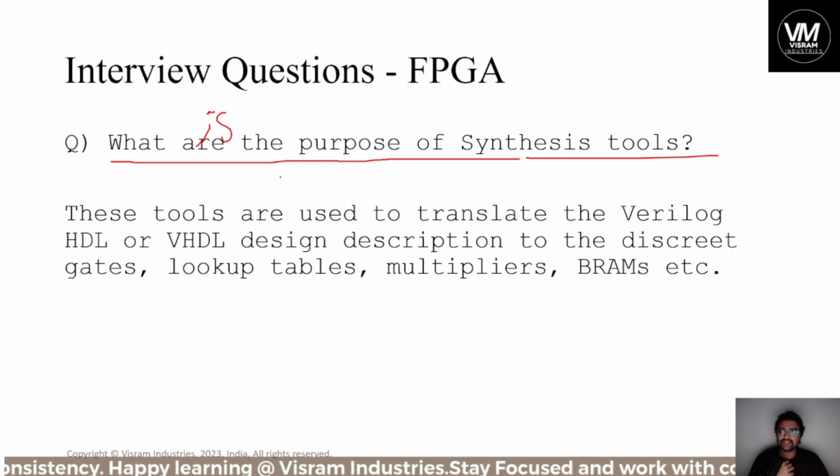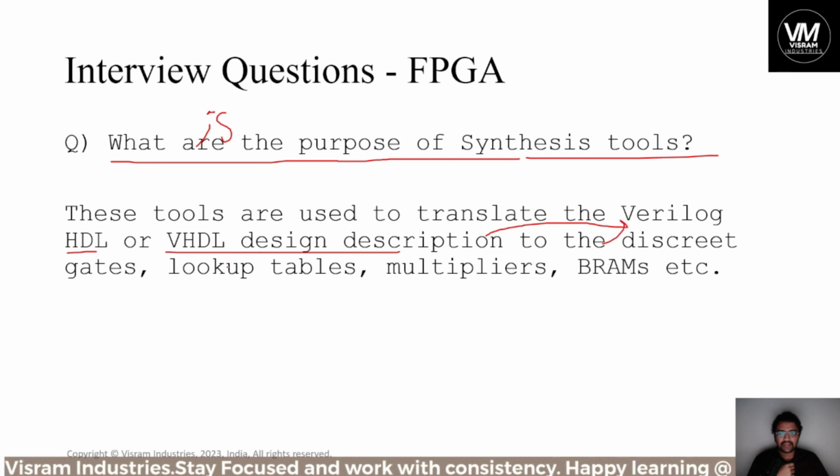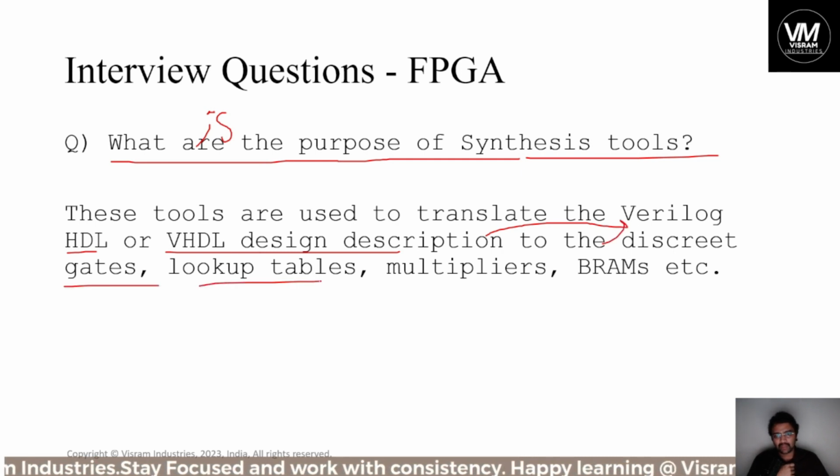For those synthesis tools, whatever description language you are using, Verilog HDL or VHDL design description, that description can be converted to discrete gates, lookup tables, multipliers, and block RAMs.